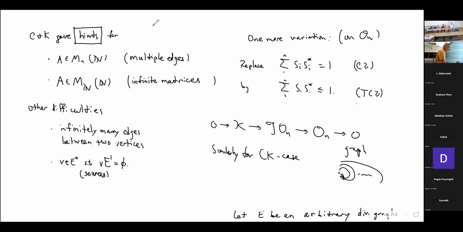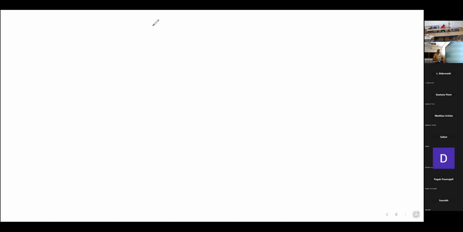It does look like a star with each arrow pointing to the center. Okay, I see.